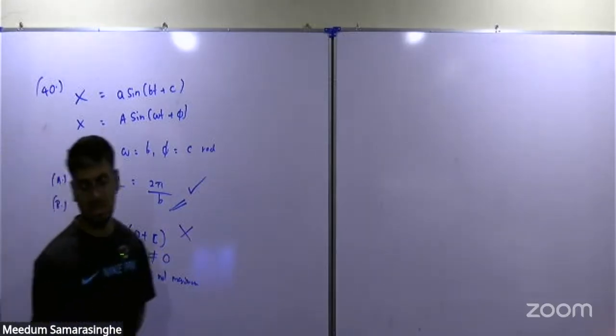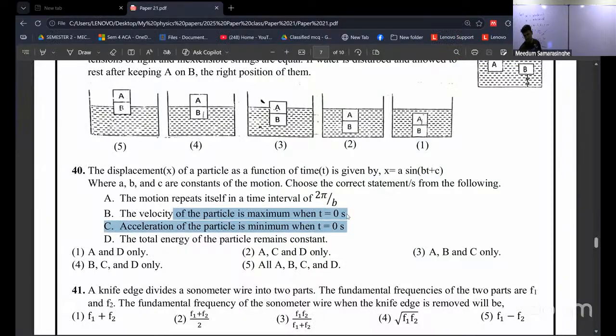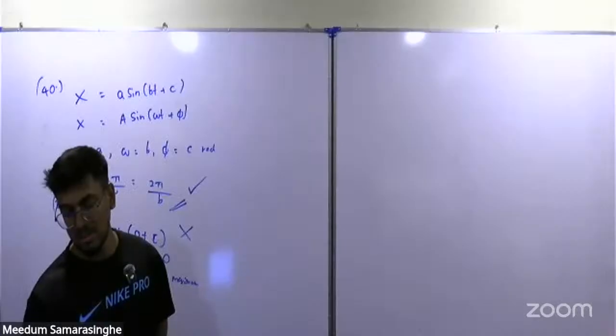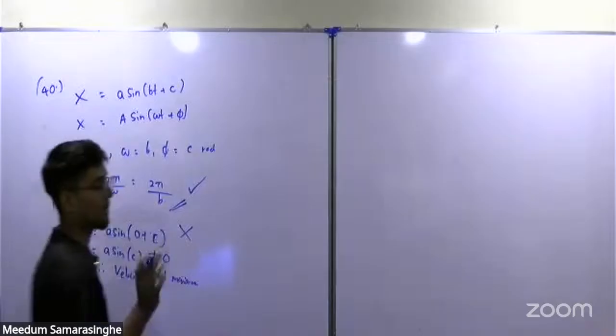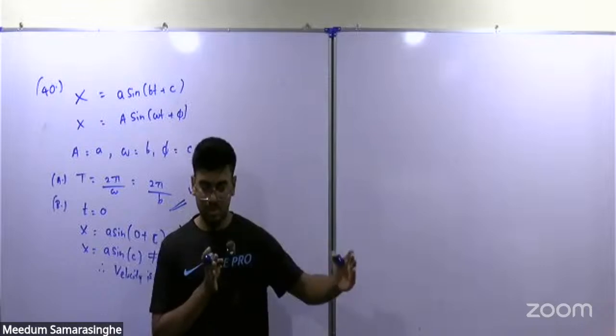In statement B, they have mentioned that the velocity of the particle is maximum when t equals 0. So we need to find the displacement of the particle when t equals 0. If the displacement were 0, you could say that the velocity is maximum. So this statement is wrong. Statement C: the acceleration of the particle is minimum when t equals 0. Remember, velocity is maximum at the equilibrium and minimum at the amplitudes.